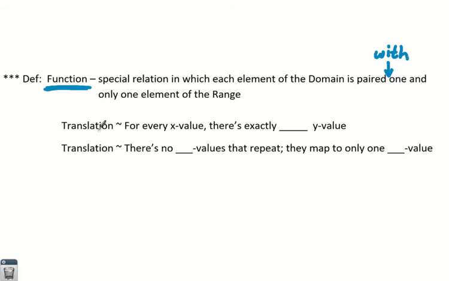Translation, for every x value, there's exactly one y value. Like an x value will only map to one y value, and there's no x values that repeat. And like I just said, they map to only one y value.